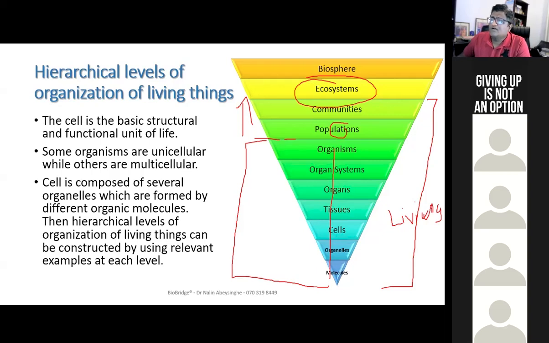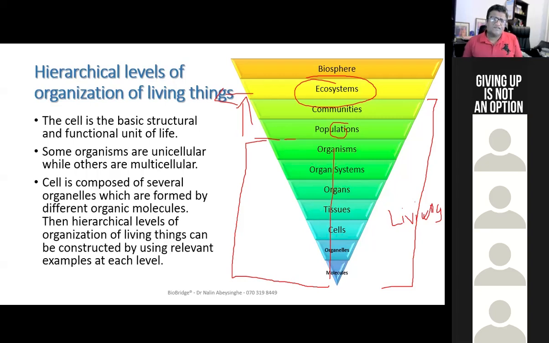Now we have given examples for ecosystems: deserts, rainforests. There are various ecosystems. Even if you lift a rock in your garden, there is an ecosystem underneath the rock, right? There are various small insects. They interact with each other.